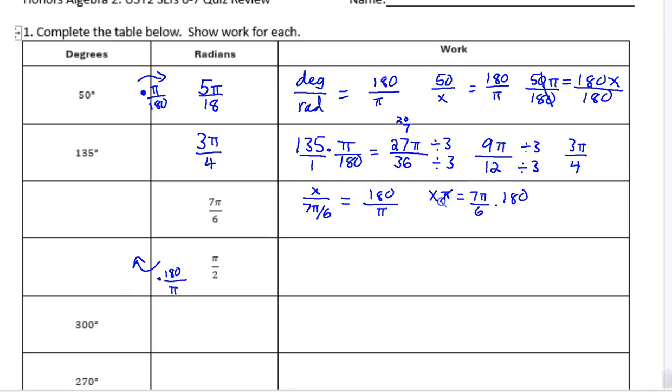The pi's will cancel. And now 180 is divisible by 6, so this becomes a 30. And then 7 times 30 becomes 210 degrees. Here we're just going to do pi over 2 times 180 over pi. The pi's will cancel. And then 180 divided by 2 is 90.